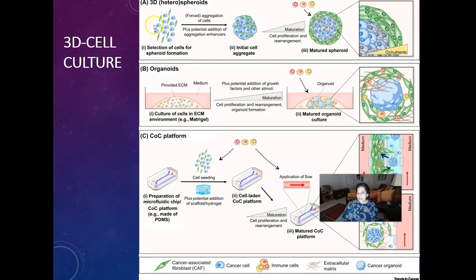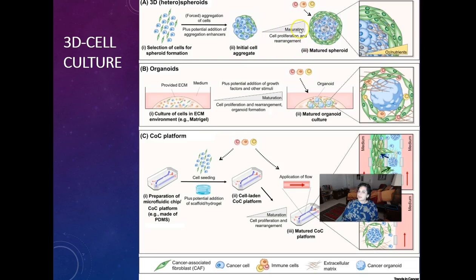So we select the type of cells that we want to get in the spheroid together, and we mix them up and let them create that, kind of force them to create that initial aggregate, which is a haphazardly mixed cell ball essentially, and then you allow them to grow and mature and proliferate in culture.